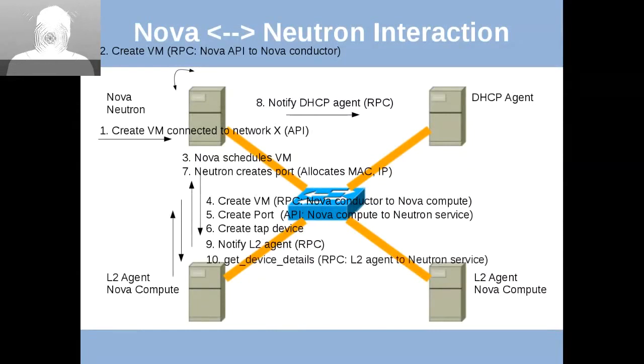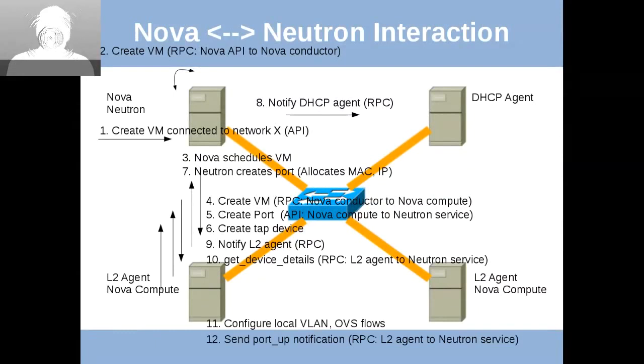Next slide, step 10. This is kind of an inefficiency of Neutron, but basically it would request additional information from the Neutron service. Next slide, steps 11 and 12. This is actually when the layer 2 agent does some actual work, basically configures a VLAN on the local machine, as well as Open vSwitch flows.